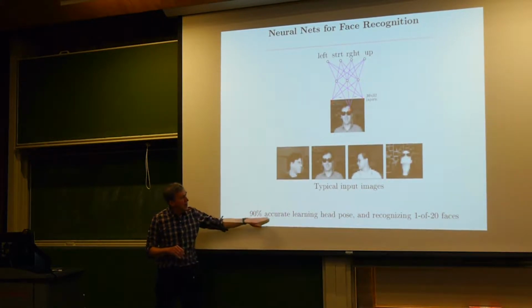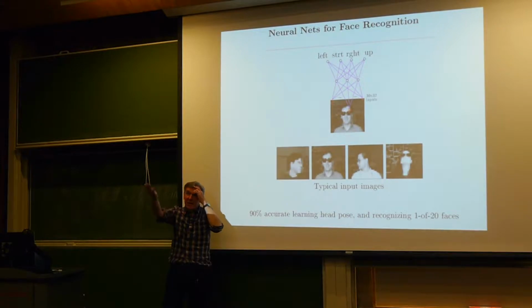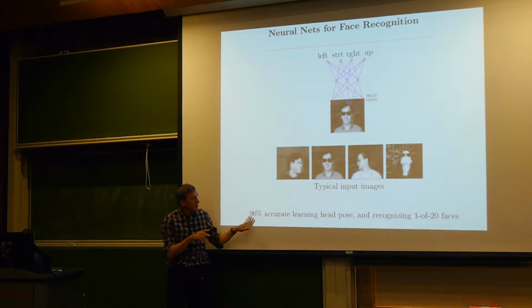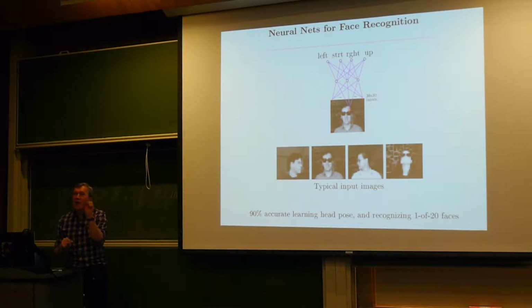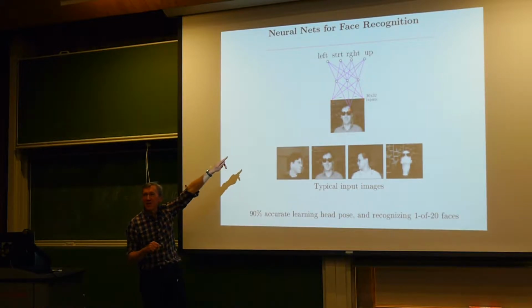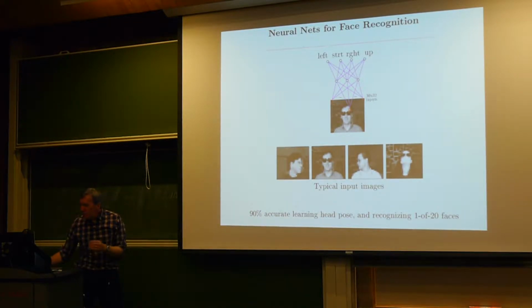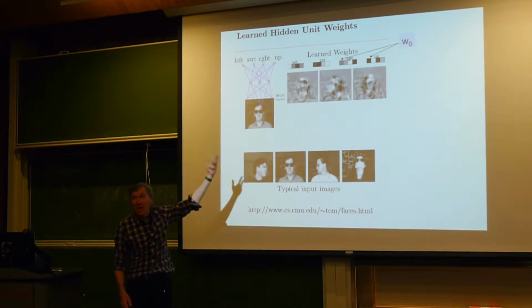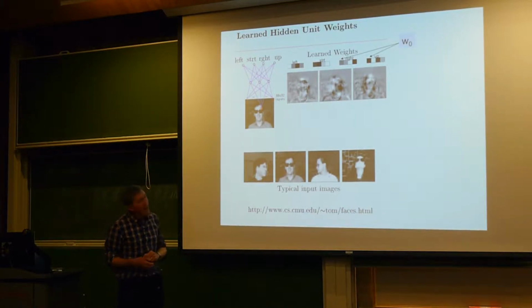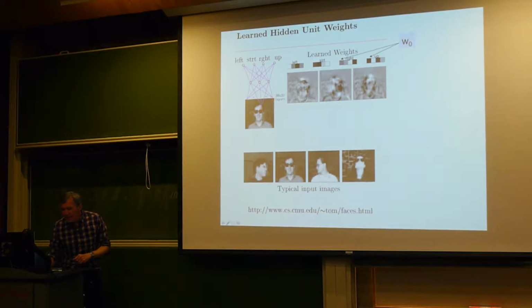You can train this network with backpropagation, the algorithm we talked about, and it will do quite well. But now, what is the code that you think gets learned there in the middle? Well, we can visualize this code by looking at the hidden units. Let's look at this hidden unit.